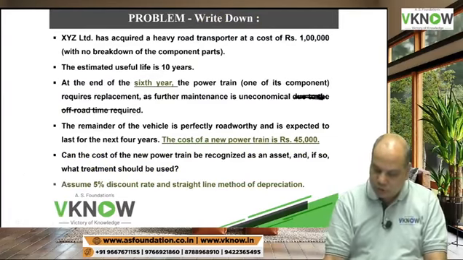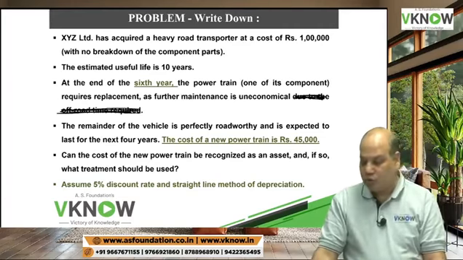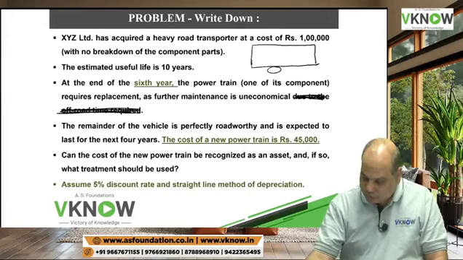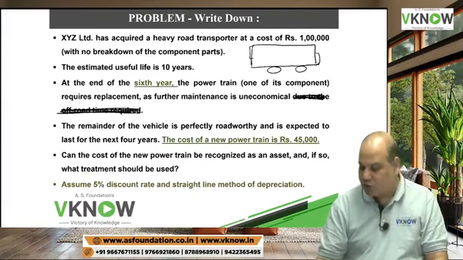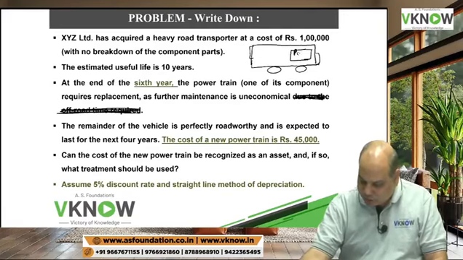Just note down this question. This you will not find in your book. So I am going to now explain. Suppose this company has purchased this road transporter, and in this road transporter there is a component called power train.